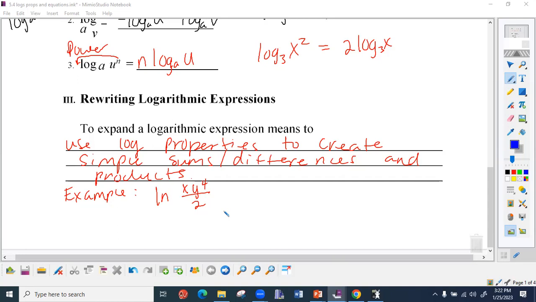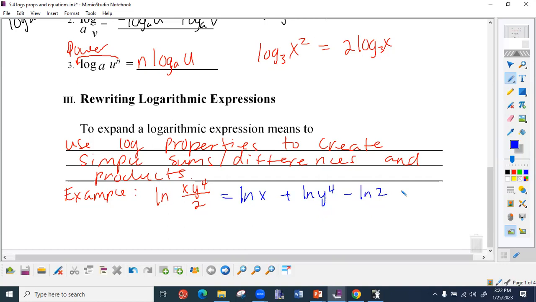If it's in the denominator, that means it's a quotient and you are subtracting. So in our numerator, we have x times y to the fourth. So that's going to be the natural log of x plus the natural log of y to the fourth. In our denominator, we have 2. So it's going to be this minus the natural log of 2.